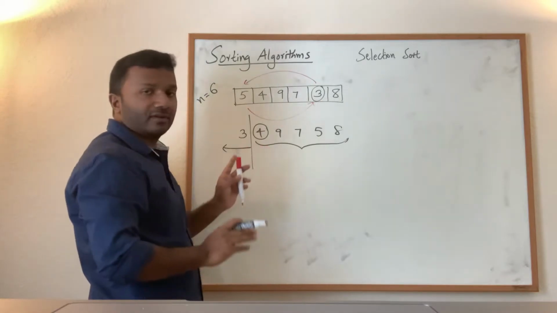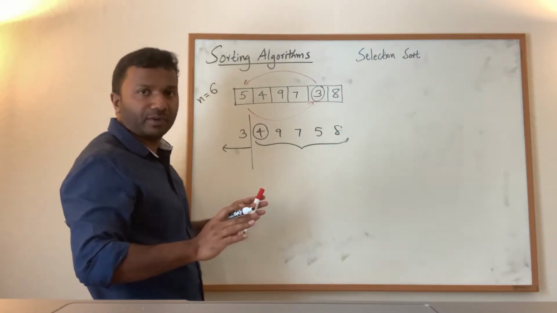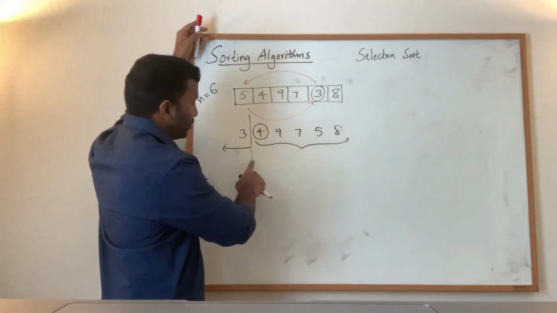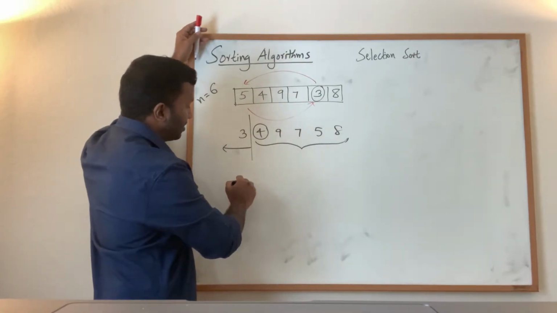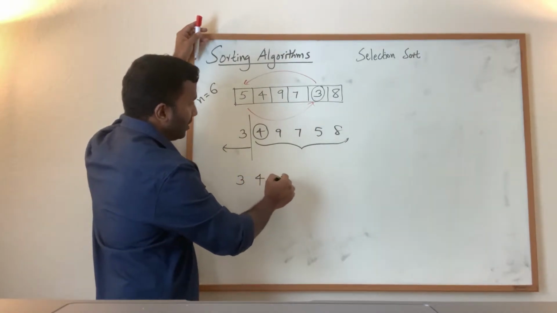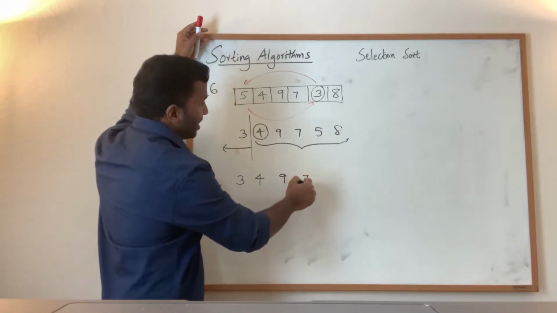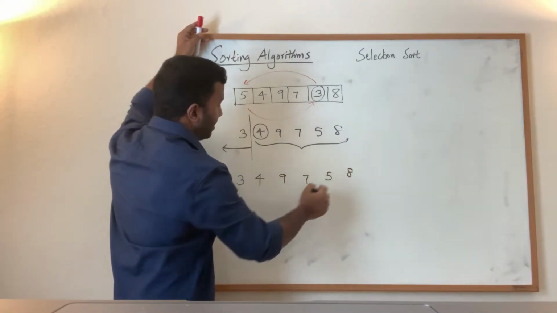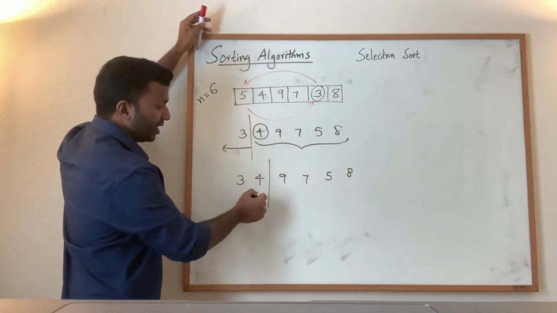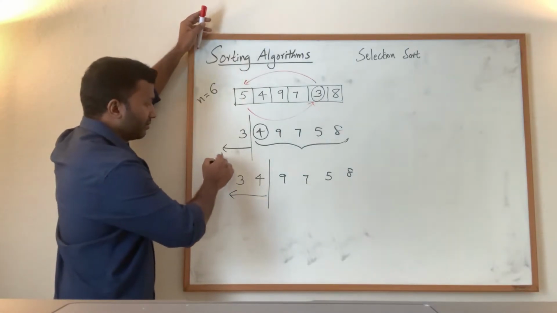In this case, 4 is the smallest, so we don't have to do anything. So after 2 steps, the array will look like 3, 4, 9, 7, 5, 8.